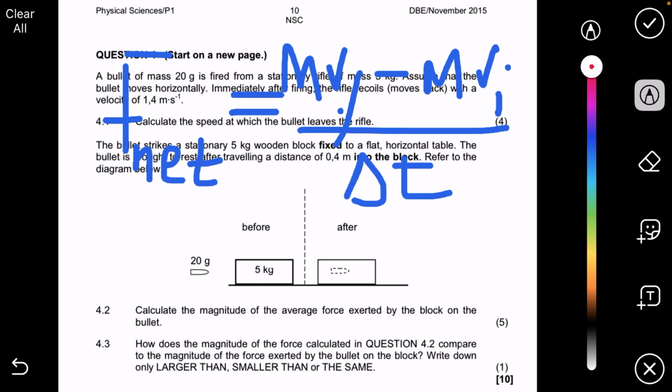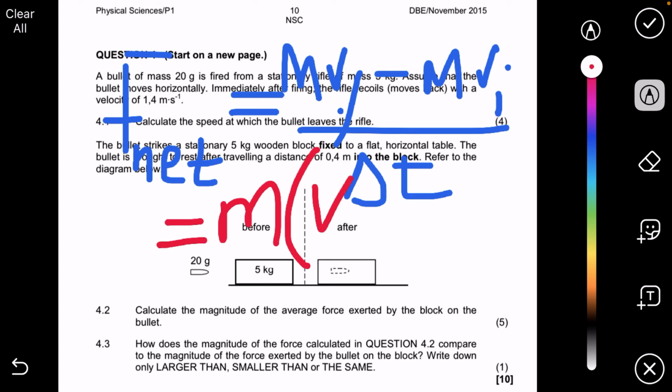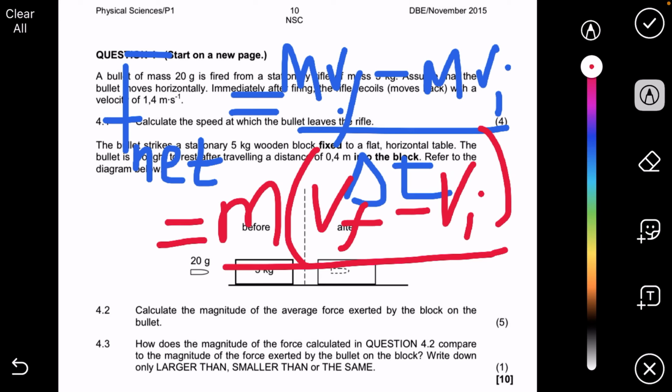Remember, this is the part that you're dealing with, which means you've got a combined mass of both the block and the bullet, multiplied by velocity final minus velocity initial. Which velocity are we talking about, ladies and gentlemen? We are talking about the velocity of the bullet.